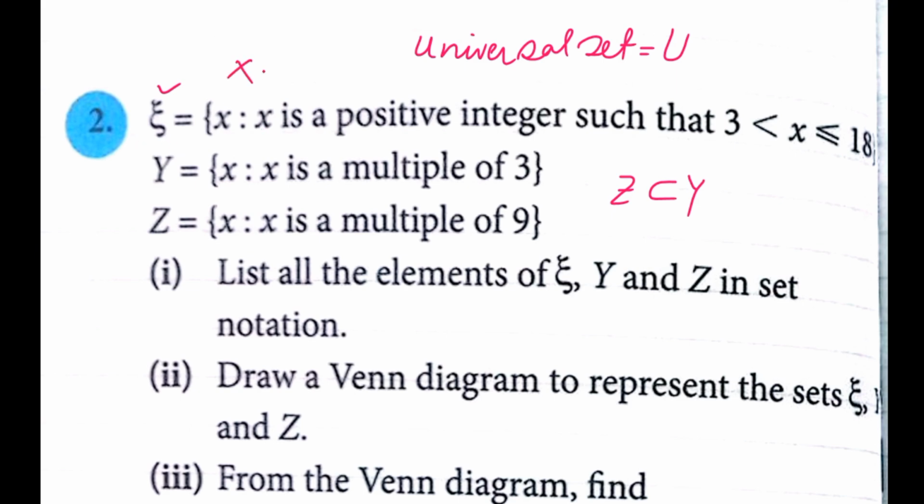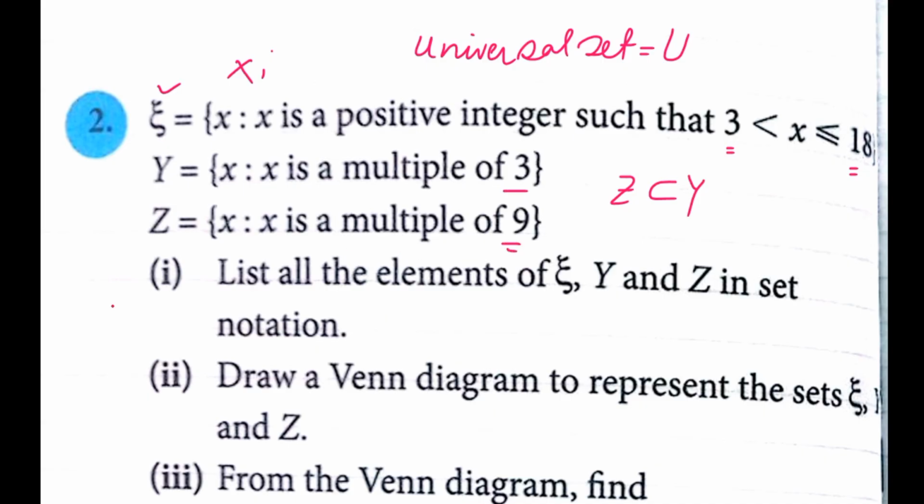This is read as xi for universal set. So xi is the set of all positive integers that lie between 3 and 18. 18 is included and 3 is not. Y is the set of all multiples of 3 and Z is all multiples of 9.